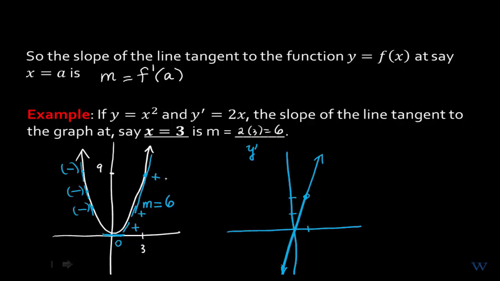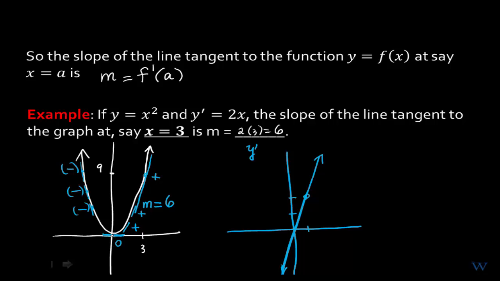Now if we plot all those points, the slopes that we have there correspond to these negative slopes. All of these slope values correspond to every point on the line y equals 2x, where they're negative.